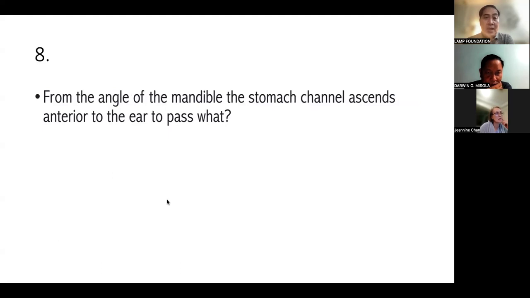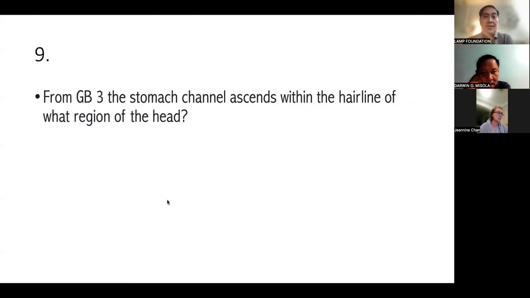From the angle of the mandible, the stomach channel ascends anterior to here to pass what? The GB3. Stomach 7 to GB3. Okay, stomach 7. From there, the stomach channel ascends within the hairline of what region of the head? Forehead.